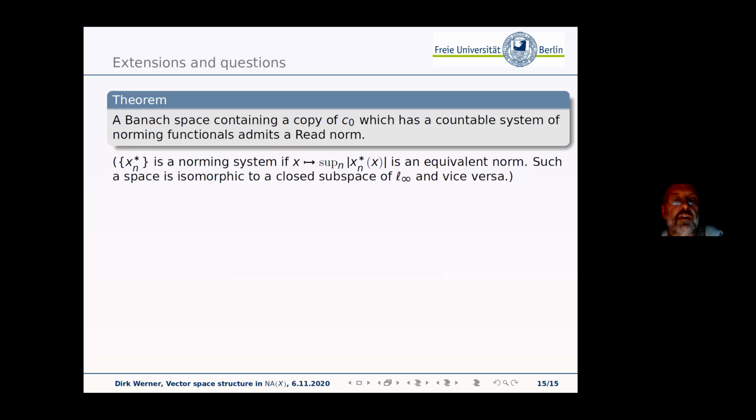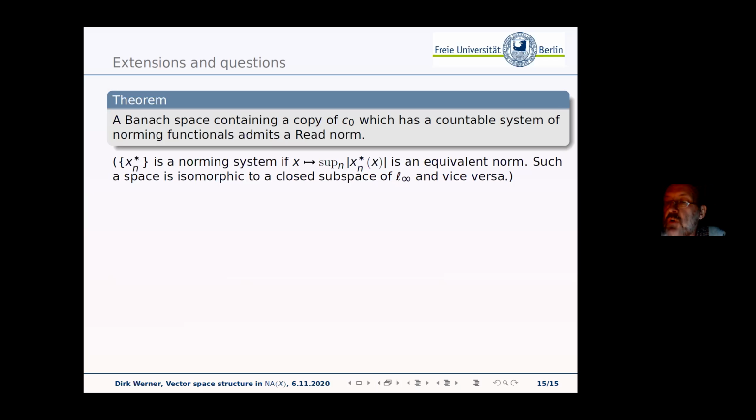And then it is not true that C0 is complemented because the original space might still be L infinity, but it's an M-ideal, and the geometric properties of M-ideals help in coming around this difficulty. So this is probably the widest class that we know of where such Reed norms exist.